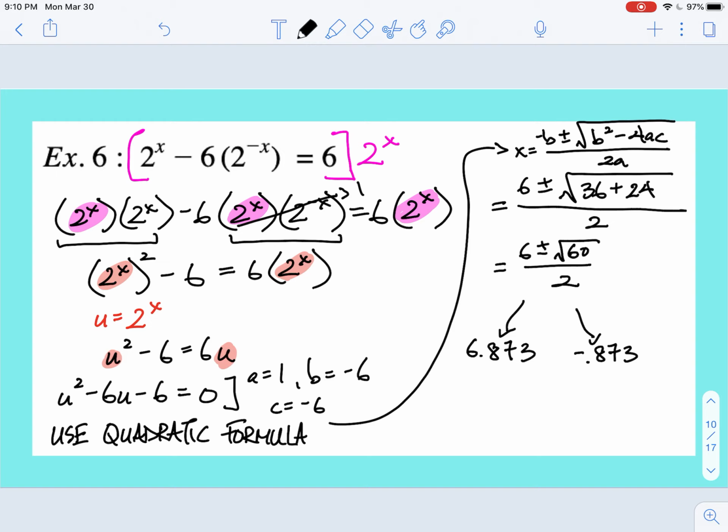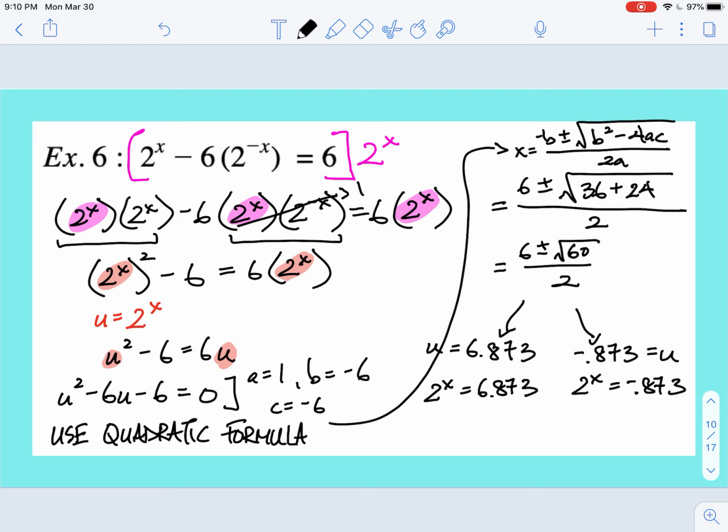Okay. So when I have these values, I want to keep in mind that I'm not done yet, because this is what u equals. This is not what x equals. So I need to do 2 to the x equals 6.873, and 2 to the x equals negative 0.873.